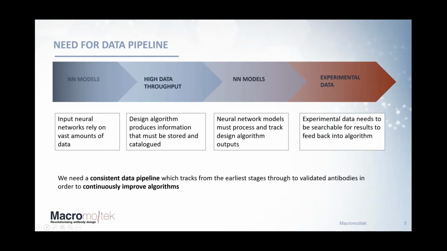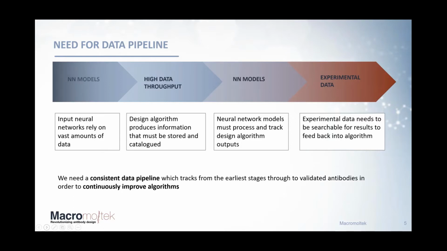We have to catalog it so it's very easy to search through. Finally, the last neural network produces even more data that we have to combine with all the other steps.